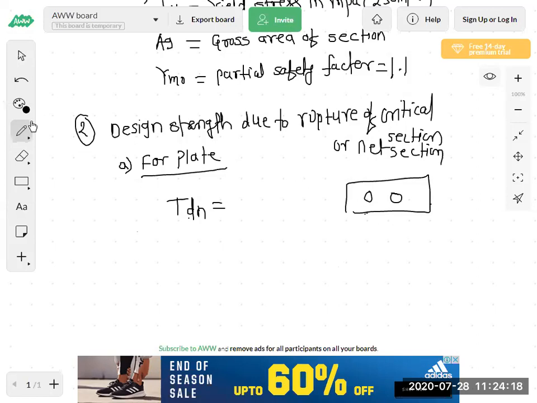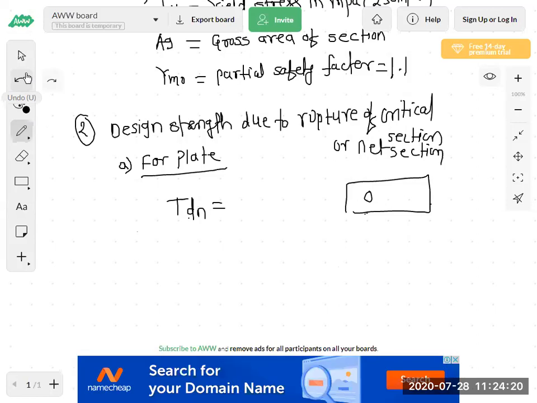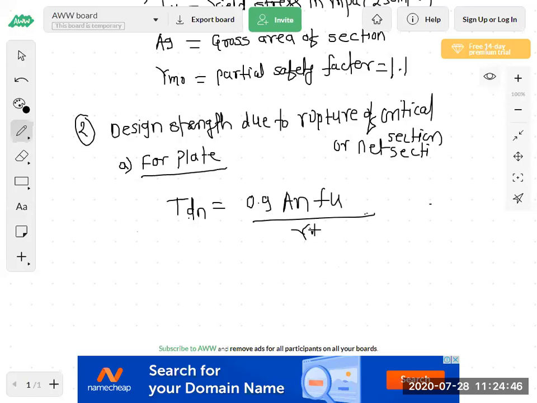Now, okay, so TDN is equal to, for plate is 0.9 AN FU divided by gamma M1.